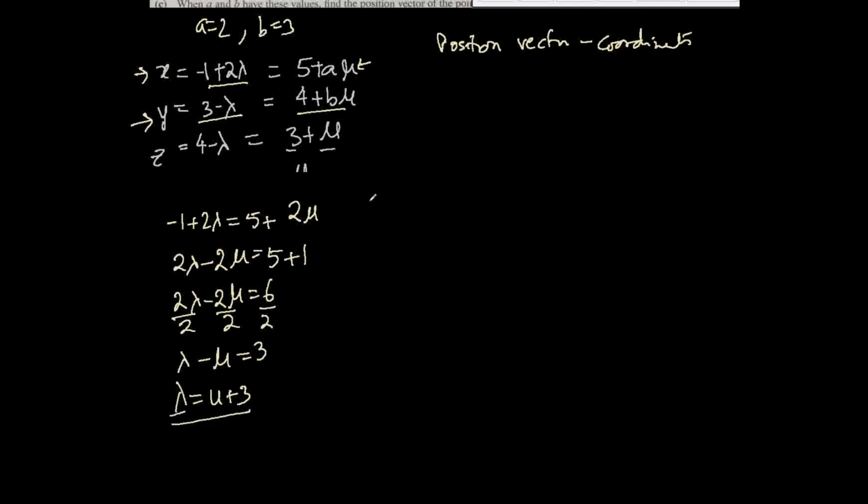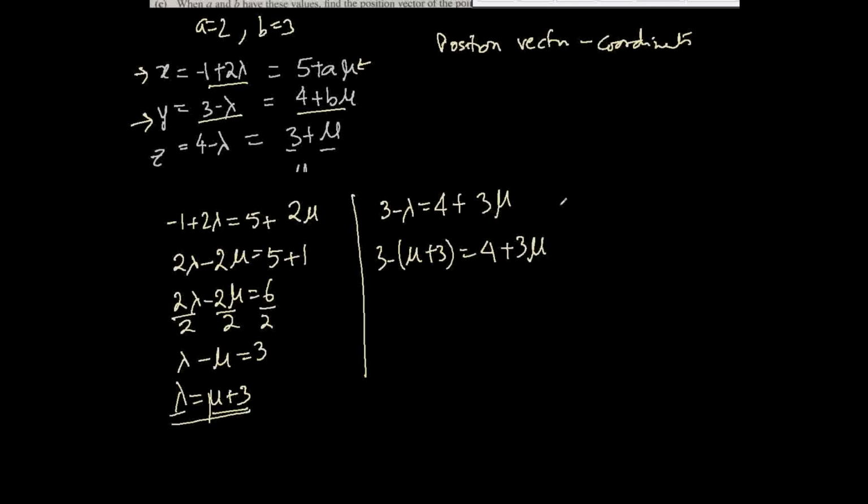Now, let's use the second equation to get rid of lambda. So 3 minus lambda was equal to 4 plus b. b is 3 mu. Now, lambda is mu plus 3. So I will write 3 minus (mu plus 3) equals 4 plus 3 mu. So 3 minus mu minus 3 equals 4 plus 3 mu.